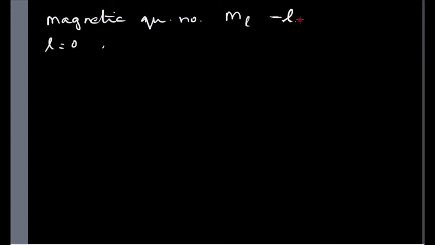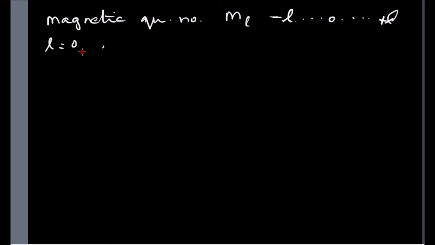The third one is magnetic quantum number. It is given by m suffix L. The value of magnetic quantum number or ml depends on L. ml can have values minus L through 0 to plus L. This is the general rule.